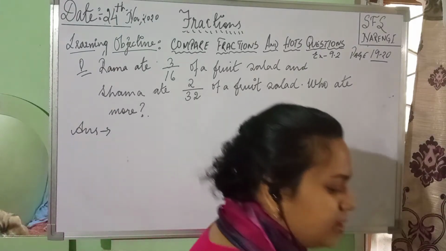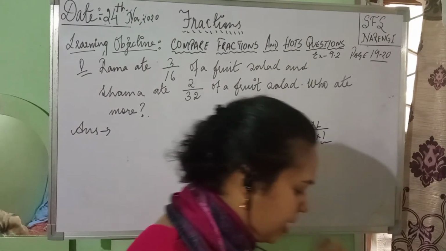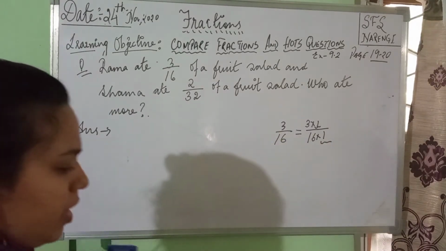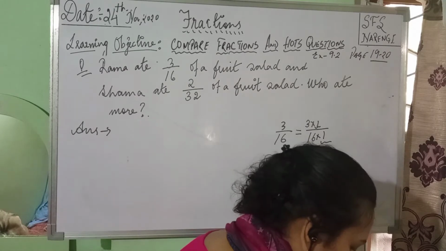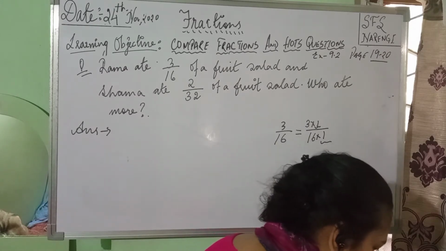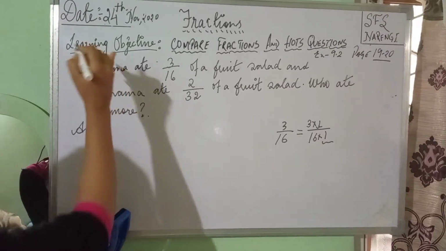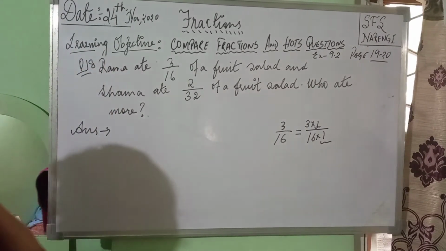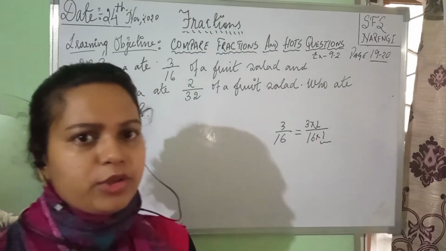Okay. Since it is already in the lowest form of the fraction, let us do one thing. This is also problem 18 of your workbook, which we are going to discuss.